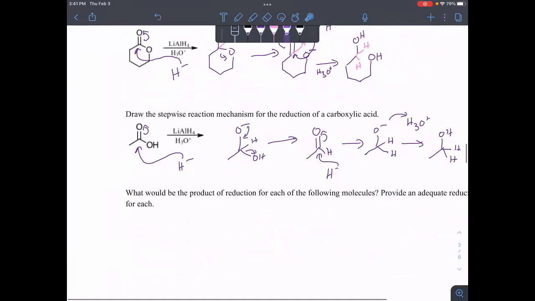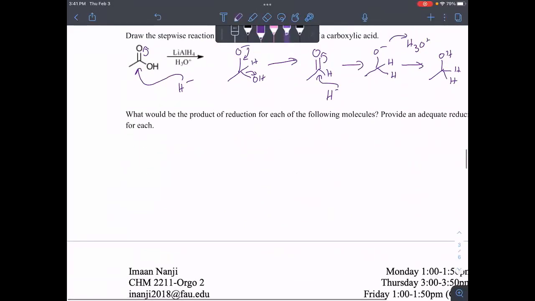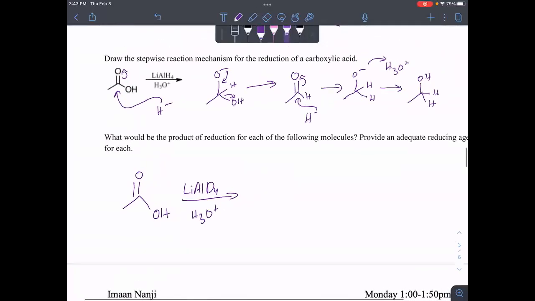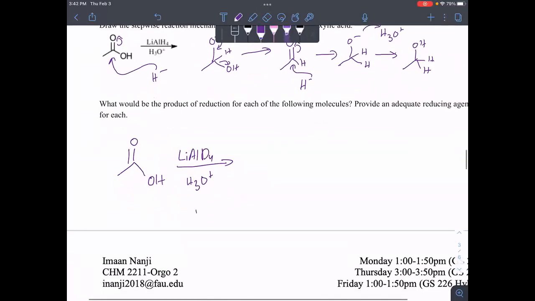What was I doing? Oh yeah, I was drawing it with deuterium. So let's just use this example. Let's take a carboxylic acid and use LiAlD4 over H3O plus. So we would do the same thing, except it would be D minus. Remember, first step is to just attach the hydrogen.